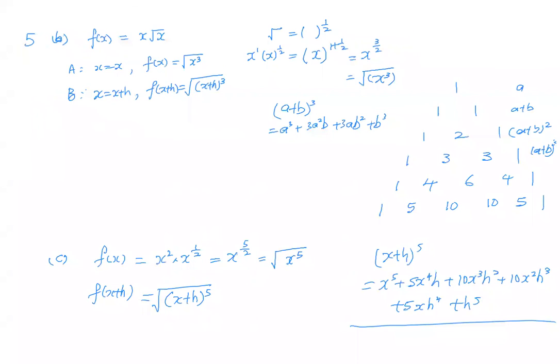You look, there is a pattern. 1, 1, 1. 1 plus 1 is 2. 1 plus 1 plus 1 is 3. 1 plus 2 is 3. Then I add another 1. 1 plus 3 is 4. 3 plus 3 is 6. 1 plus 3 is 4. Then I add another 1. 1 plus 4 is 5. 4 plus 6 is 10. That is how you trace down. That's called Pascal triangle.